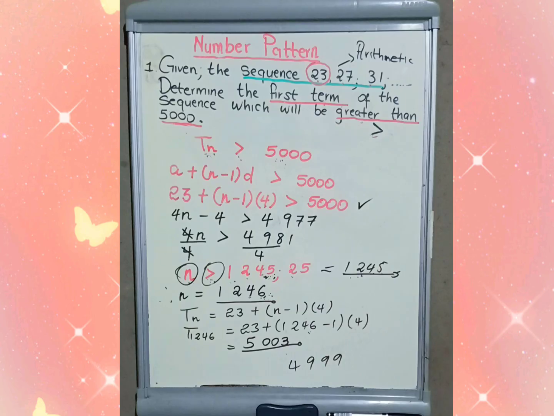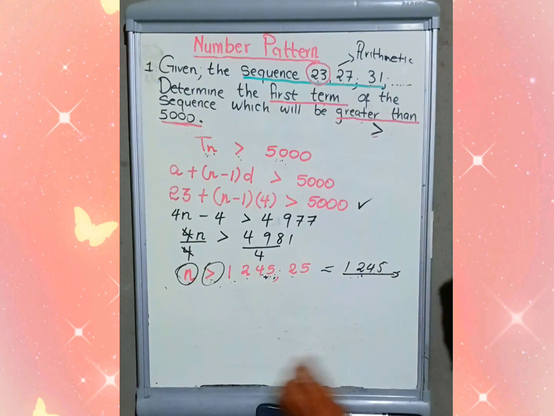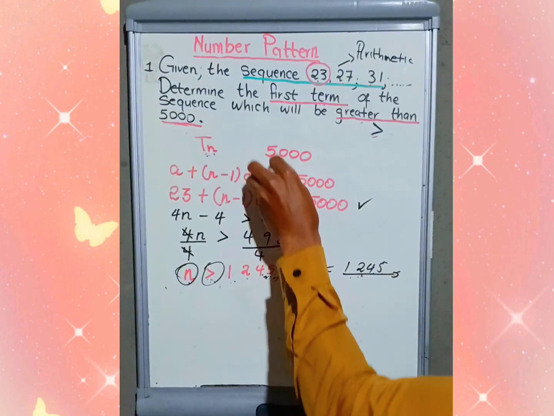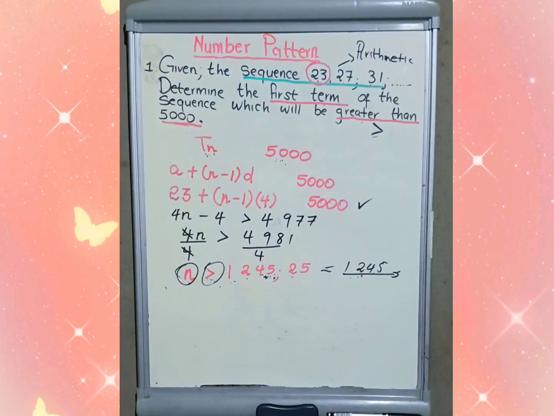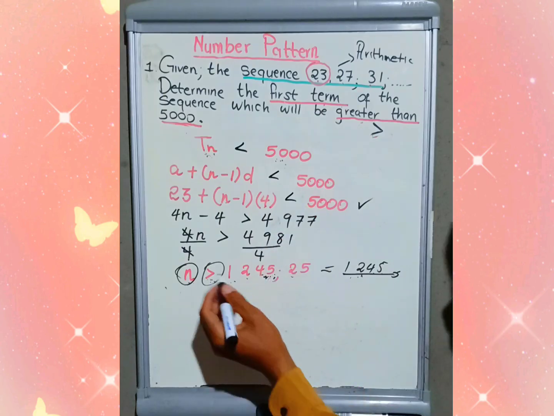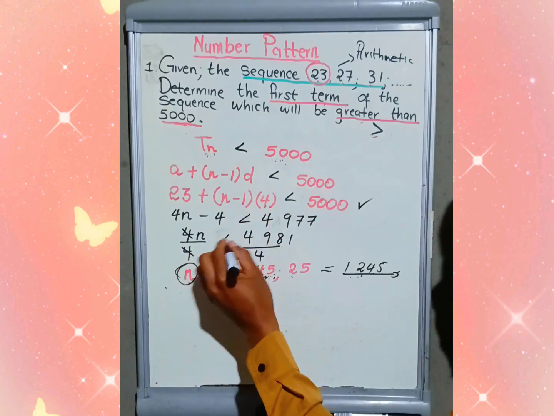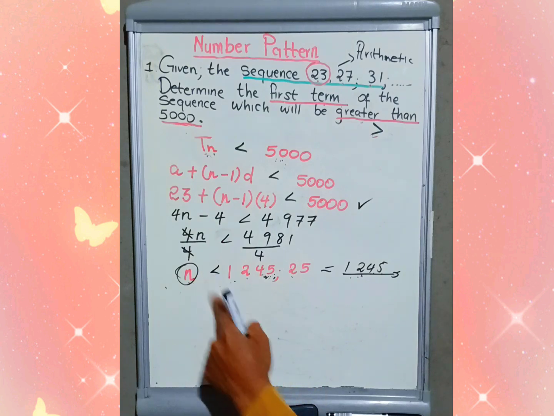Then where's the eraser? Okay, the eraser. Let's say if n is less than, let's change the sign here. Where the sign was less than or smaller than, the sign is going to look like this.